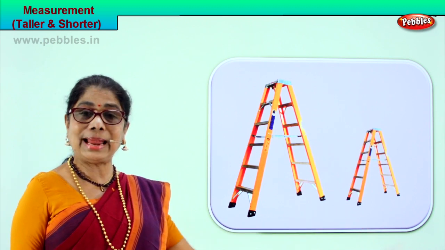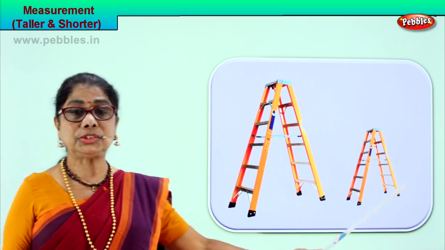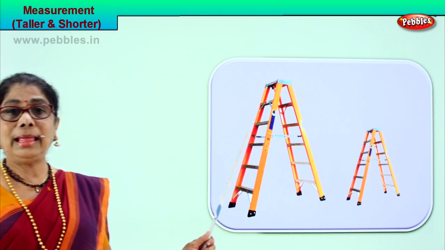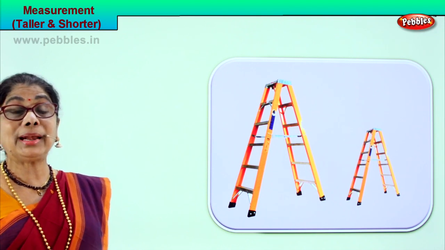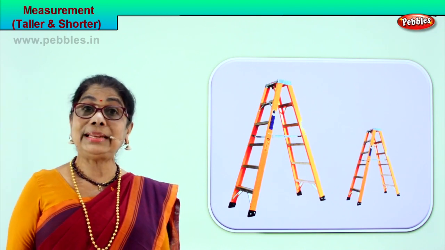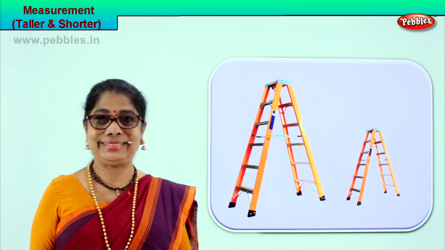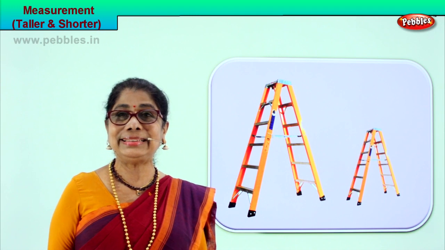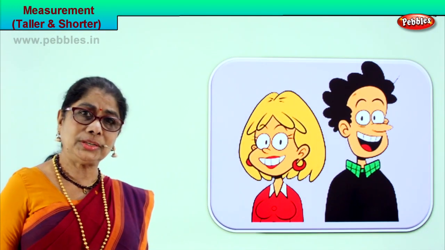Or you say this ladder is shorter than this ladder. Taller, shorter. Taller ladders are used for electricity board people to climb up and set right the electricity. Taller, shorter. Let's look at another picture and compare taller, shorter.